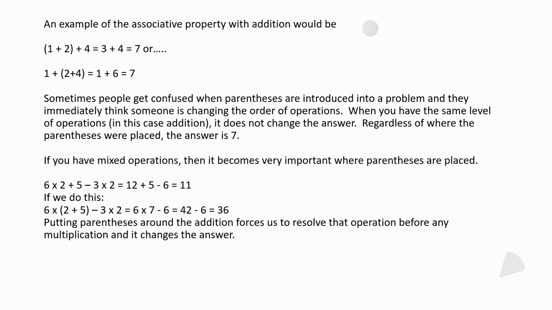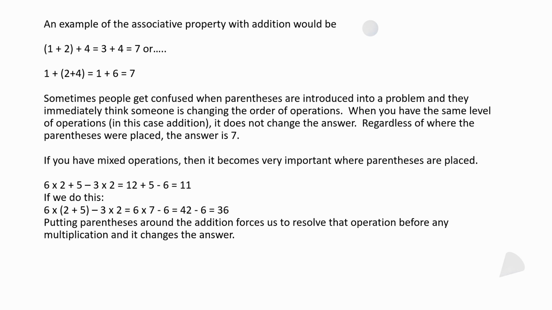Now, if we put parentheses around the 2 plus 5, so we have 6 times (2 plus 5) minus 3 times 2, well, now we solve inside those parentheses first. So 2 plus 5 is 7. We're left with 6 times 7 minus the 3 times 2, which is 6, so 6 times 7 minus 6 is the same thing as 42 minus 6, which equals 36.